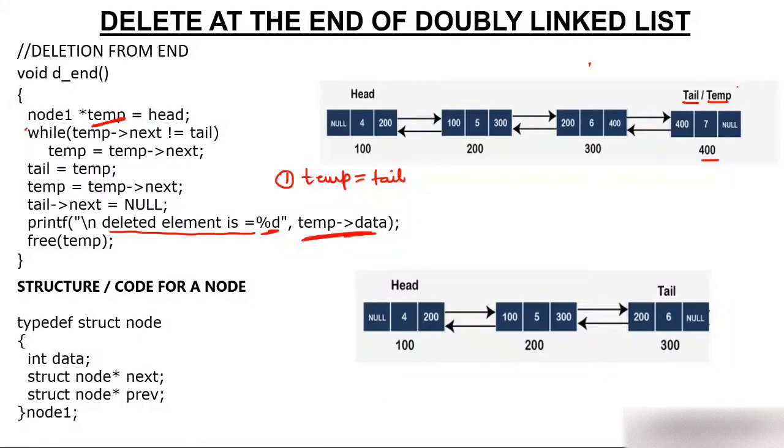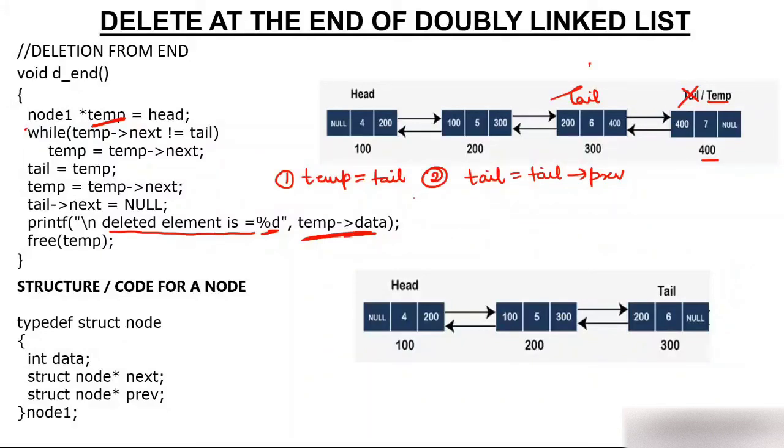They both will be at the last position. Second step: tail will have tail previous, because I now have the facility to go back. So tail will move from this place to this place. So the first step is done, the second step is done.